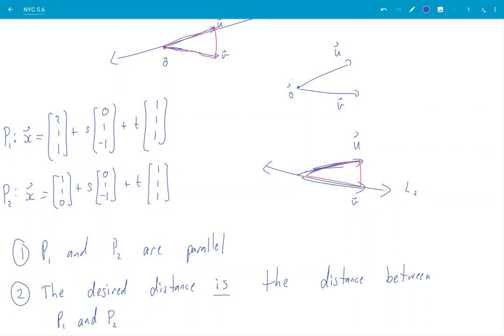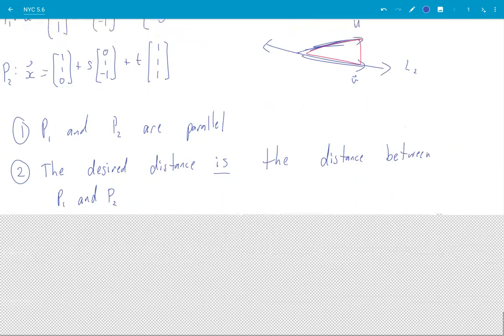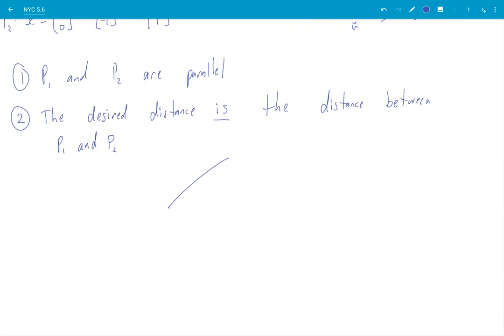Okay, that takes some visualization. You got these two planes that are parallel.